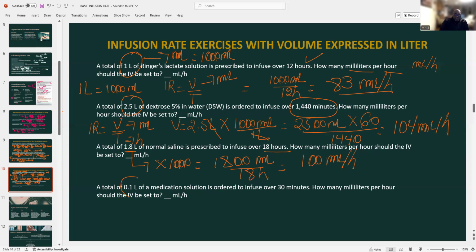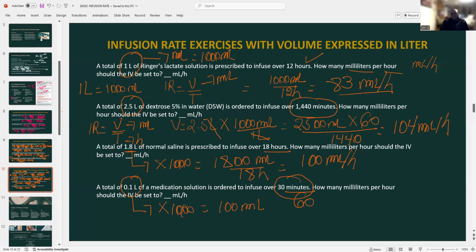We got 0.1 liter and you got 30 minutes. All right. So you have to convert that 0.1 liter to milliliter by multiplying by 1,000. Once you do 0.1 times 1,000, you have 100 milliliter. If you want to do the second approach, I can divide 30 minutes by 60.